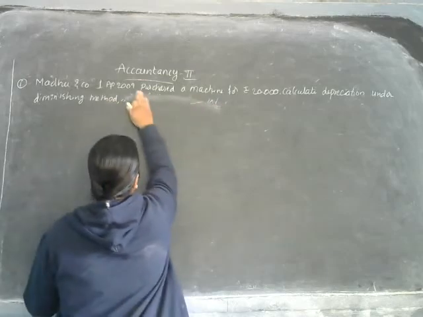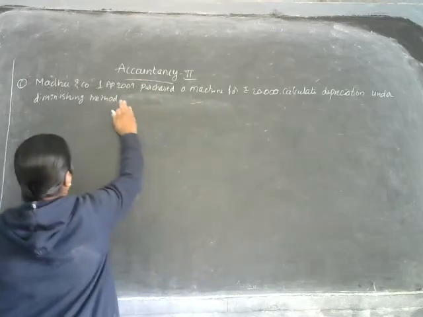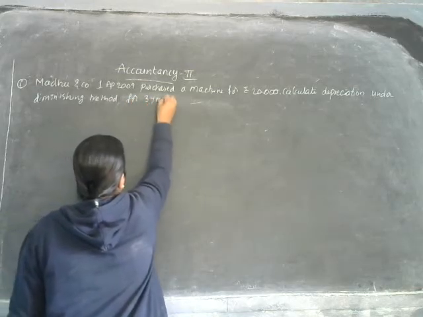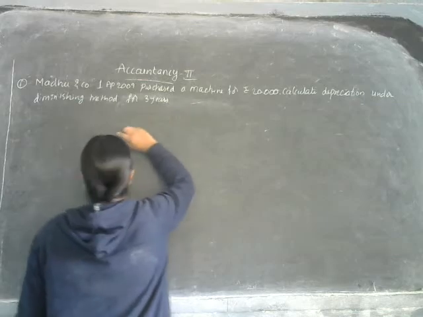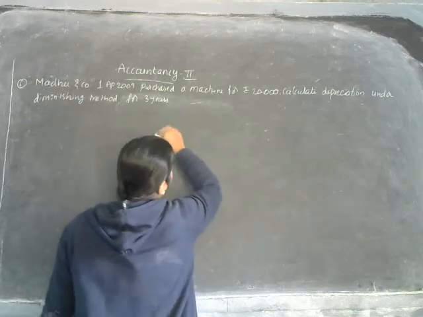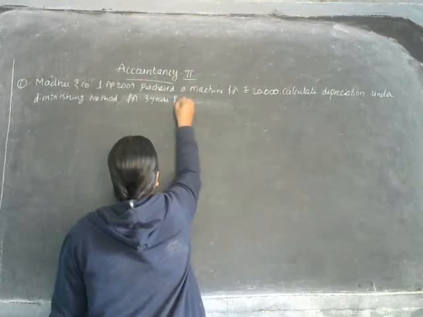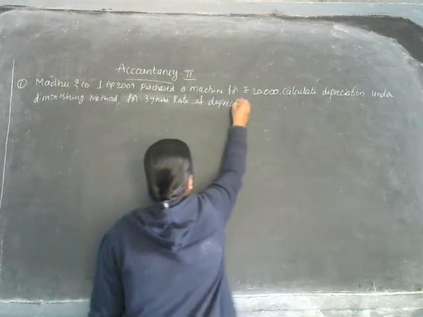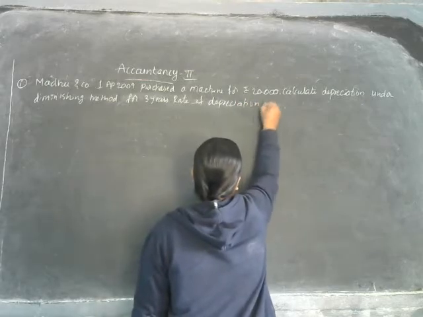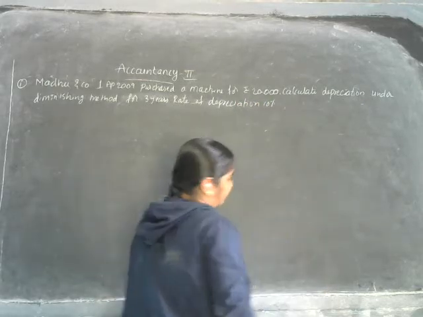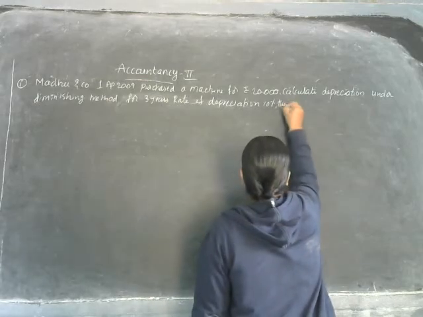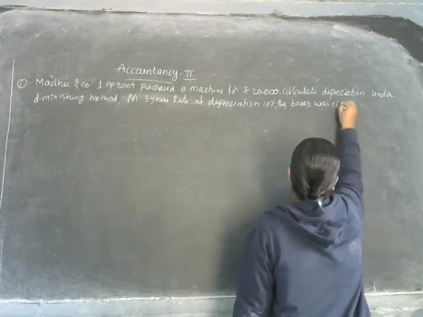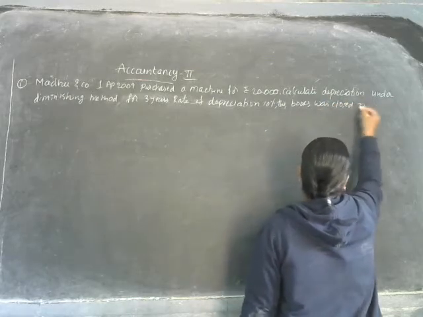For 3 years, first of all, calculate depreciation for 3 years. The books were closed on 31st March.